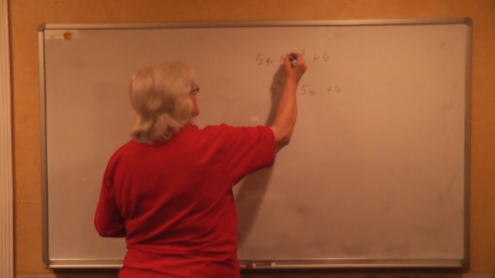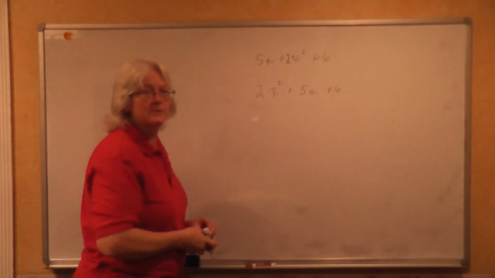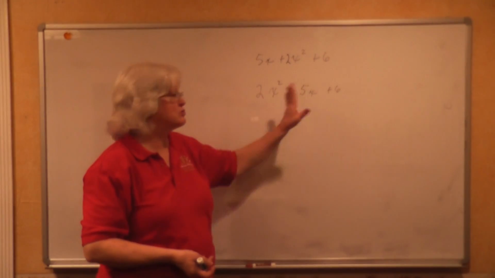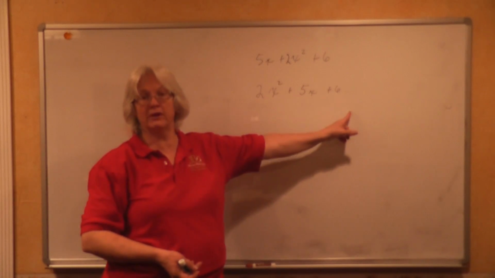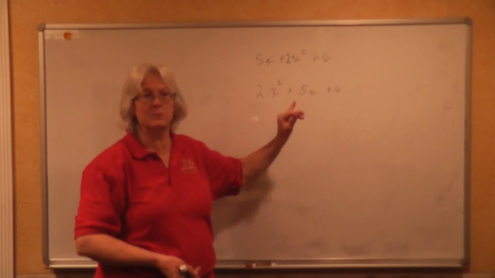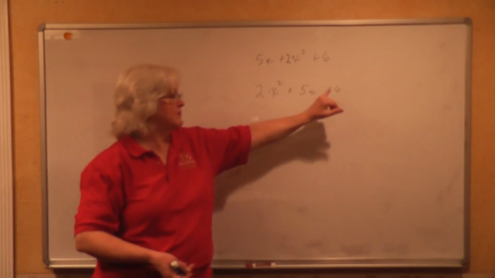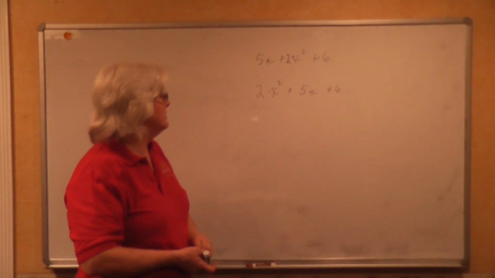Let me change this: 2x squared plus 5x plus 6. So we now have this trinomial arranged in descending order of power of the variable: x squared, x to the first, x to the 0, which is equivalent to 1.